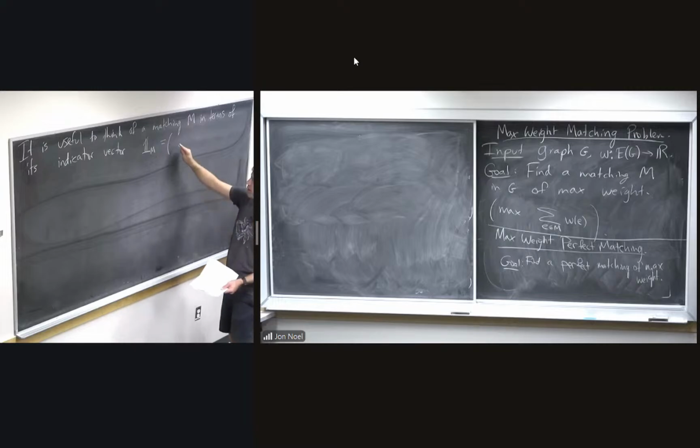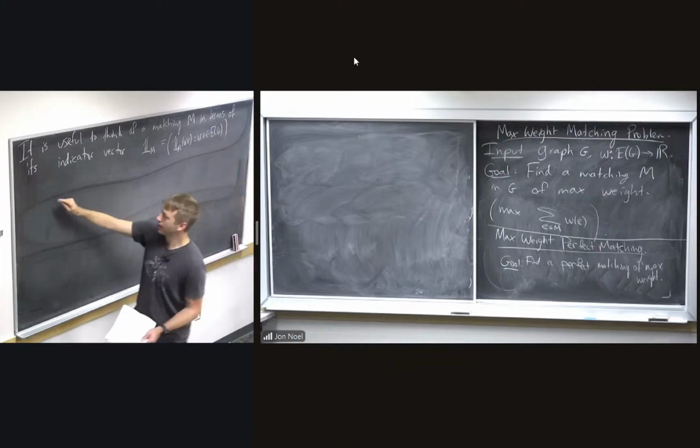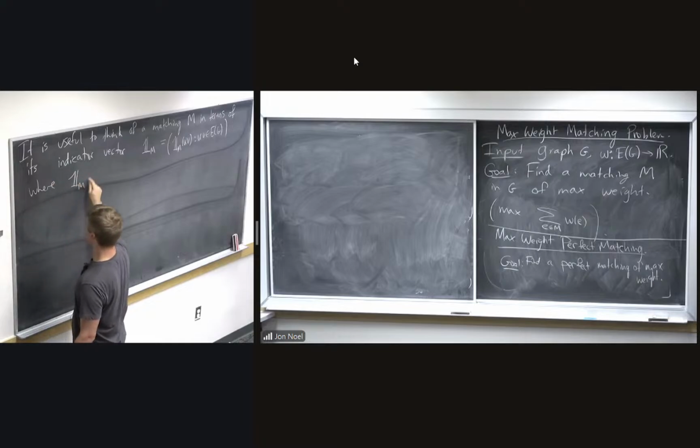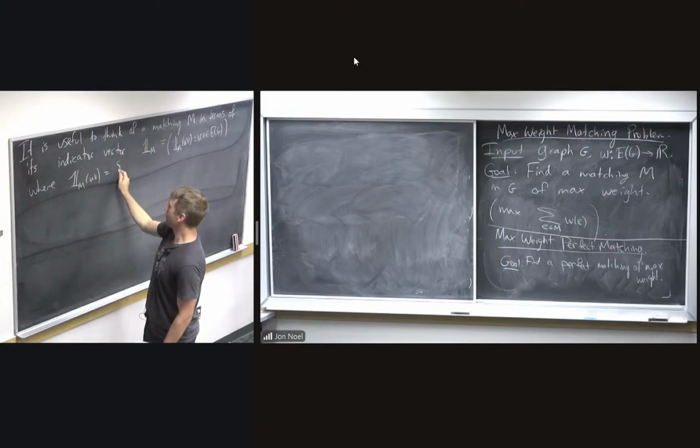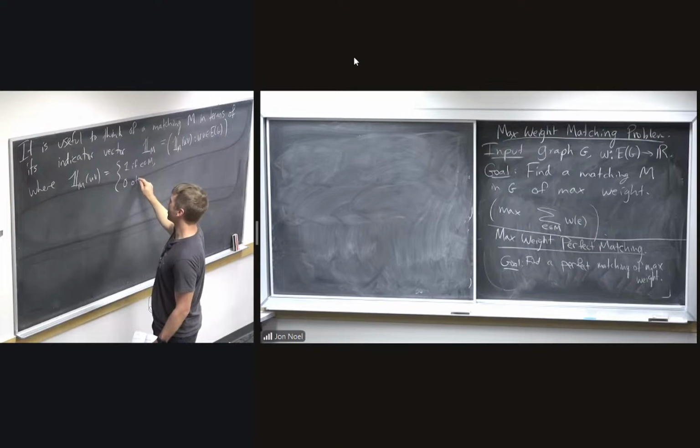So I could say 1_M(uv), where uv is an edge of G, equals 1 if the edge is in the matching and 0 otherwise.